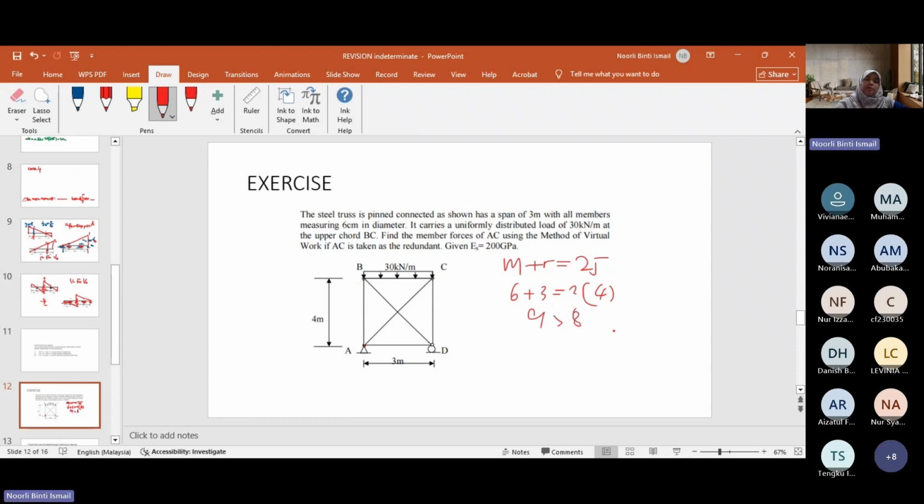If 9 is more than 8, what type? Determinate, indeterminate, or not stable? Answer. Nine over 8: determinate, indeterminate, or not stable?